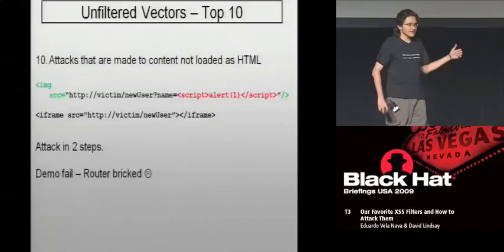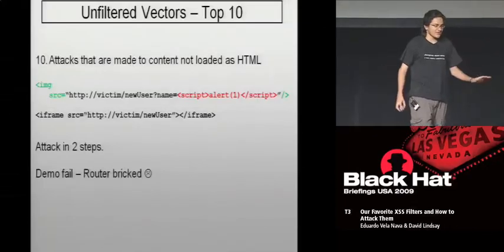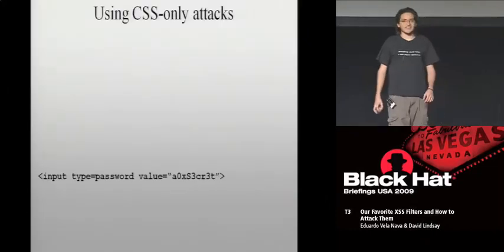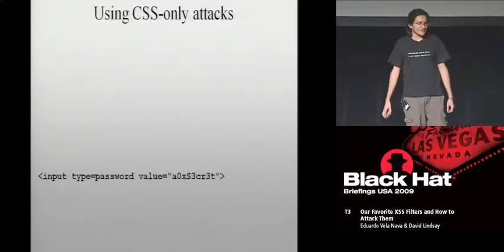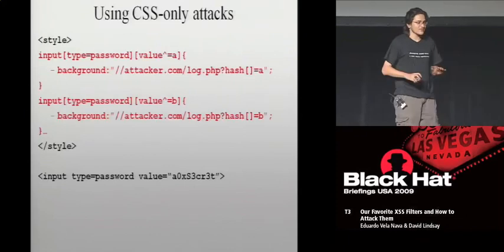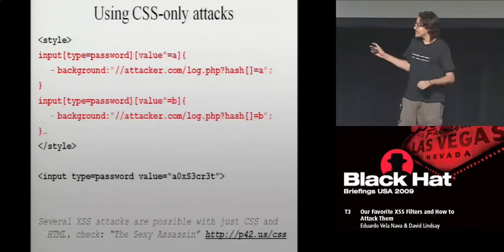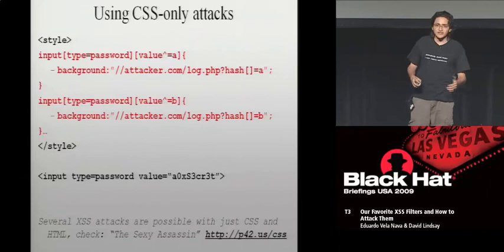And well, top 10. I had a demo for this one that uses the router, but the router is bricked, so I cannot use it anymore. Never mind. Using CSS-only attacks. As David already told us, there are ways to make CSS-only attacks that don't use JavaScript. So stuff like this can be used to read CSS, an attribute, and you can also reconstruct the DOM.